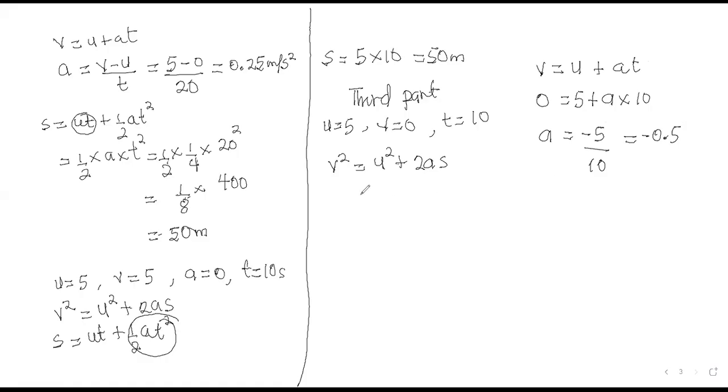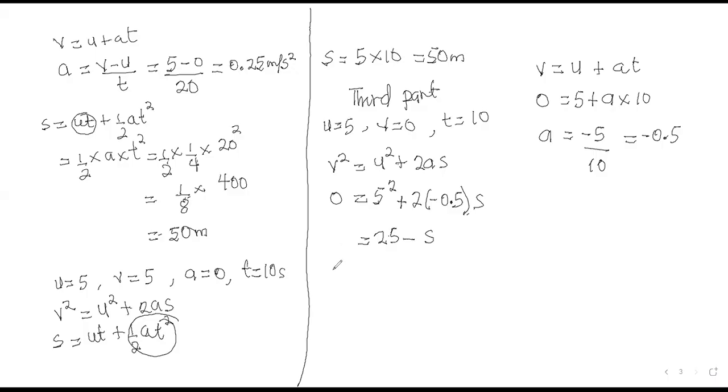0.5. Therefore, this is 0 equals 5 squared plus 2 times negative 0.5 times s. So we have 25 minus s, because 2 times half is 1.